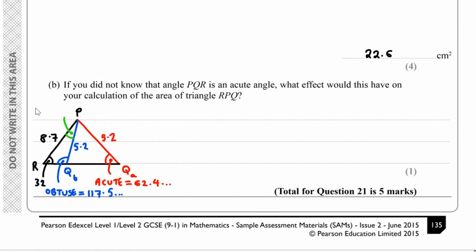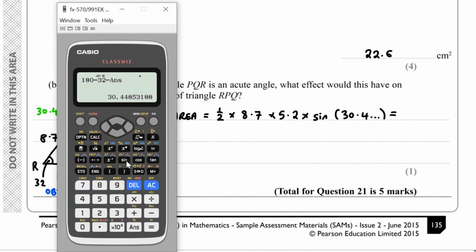So this angle is, if we work it out in green, 30.4, etc. Now, if this is the case, the area then would equal 1/2 times 8.7 times 5.2 times by the sine of 30.4, etc. So if we work this out, we have the sine of this, and then we multiply this by 1/2, then 8.7 and 5.2. So here we get 11.46, etc.